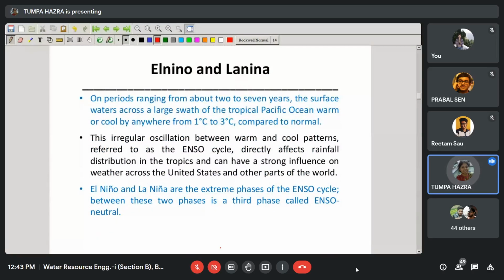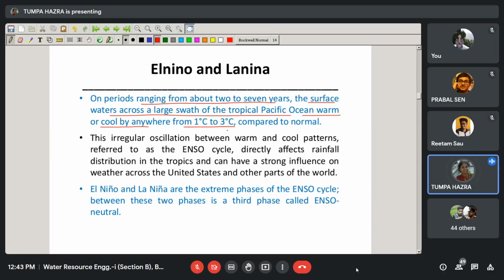And finally, the last two terms, El Nino and La Nina. These are very common terms to you nowadays. On periods ranging from about 2 to 7 years, the surface across a large swath of the tropical Pacific Ocean warms or cools by 1 to 3 degrees centigrade compared to normal conditions.